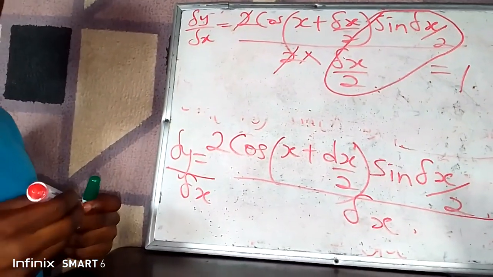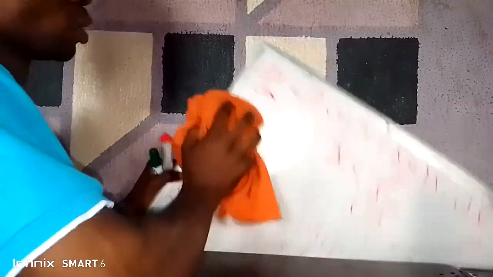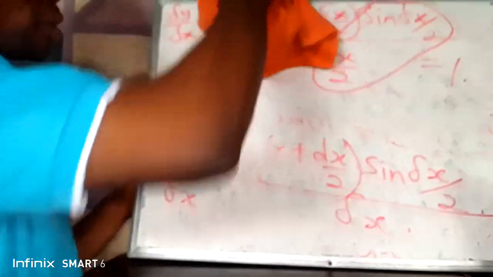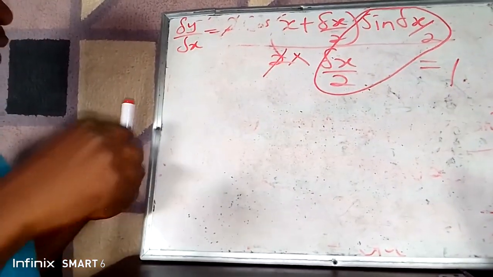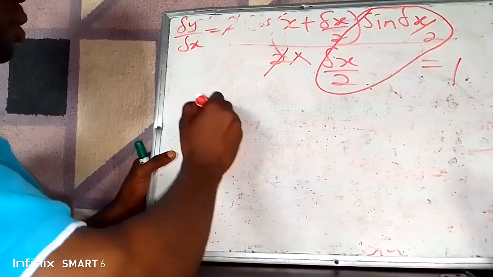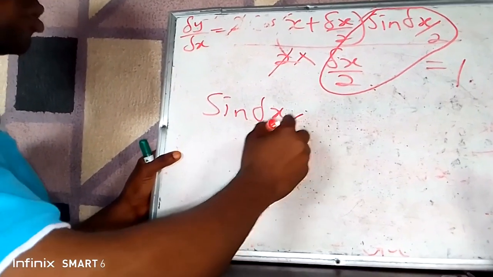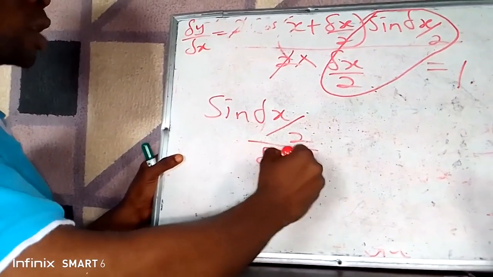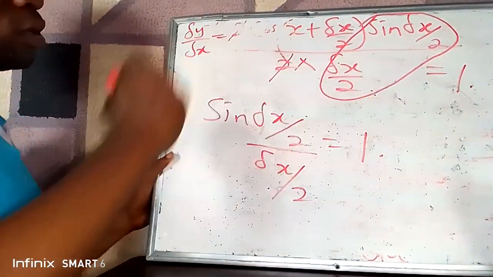It equals 1. How do I know that? Under the standard limit. Under the standard limit, when you have something like sin dx all over 2 all over dx all over 2, we have the same thing here with sin.